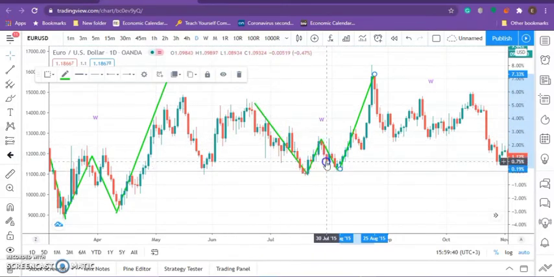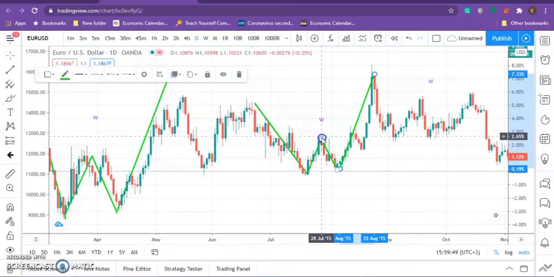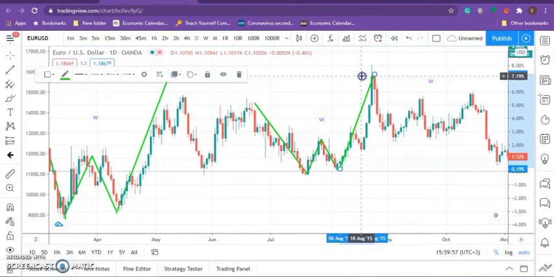I'm just talking about the person who's beginning how to trade, and maybe he needs to have that patience and also to let the market confirm that this is indeed a W. Yeah, so you can see it gained almost 7% on USD within a span of almost 2 weeks.